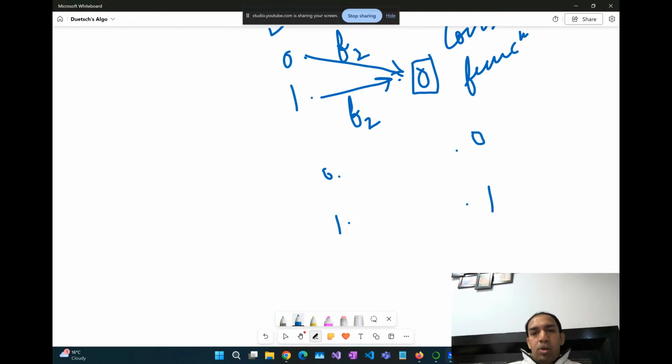Now, imagine you have given an input of 0, but the output was 1. But you have given an input of 1 and the output was 0. Which means, let's say we can call this function as function 3 maybe.